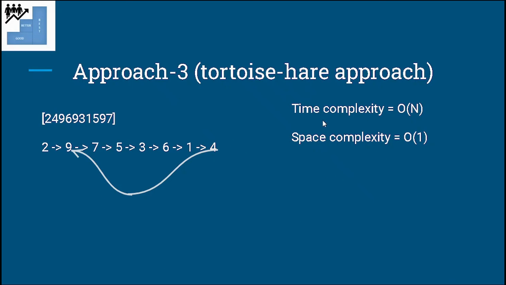Over here, time complexity is O of n, which is the best of the two approaches we have discussed earlier. And the space complexity is O of 1, which is again the best of the two approaches that we have discussed earlier. So this turns out to be the best approach for solving this duplicate number problem, right?